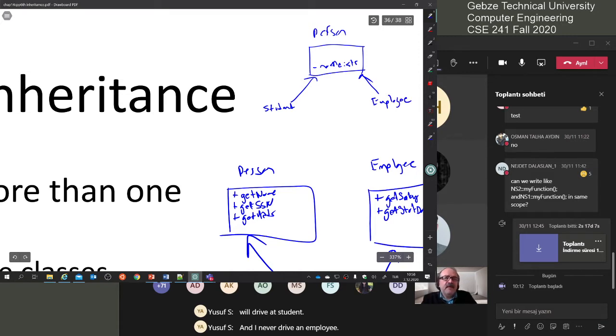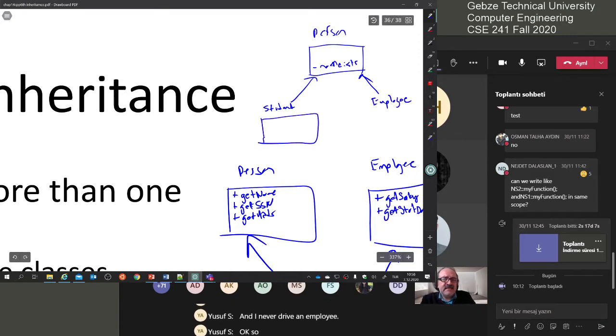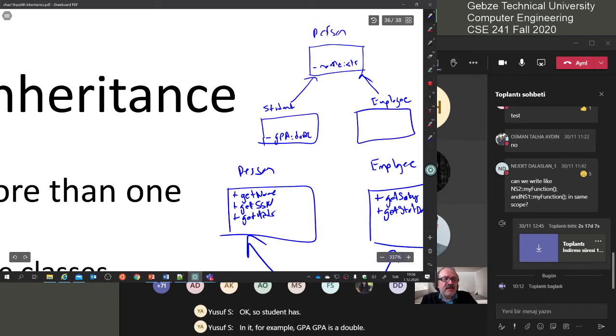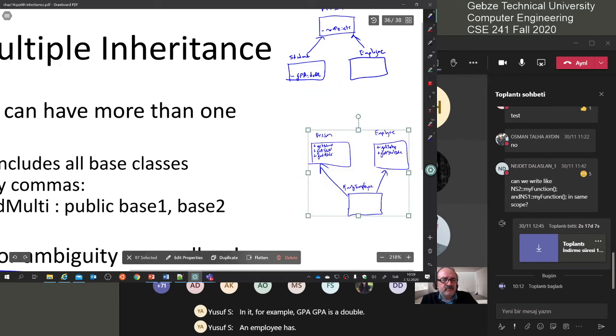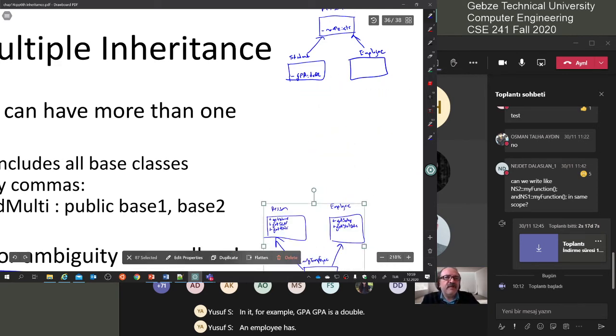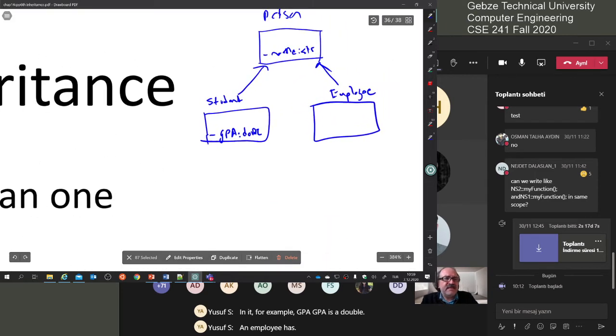Student has in it, for example, GPA, which is a double, and employee has in it salary, right? It's a double too.